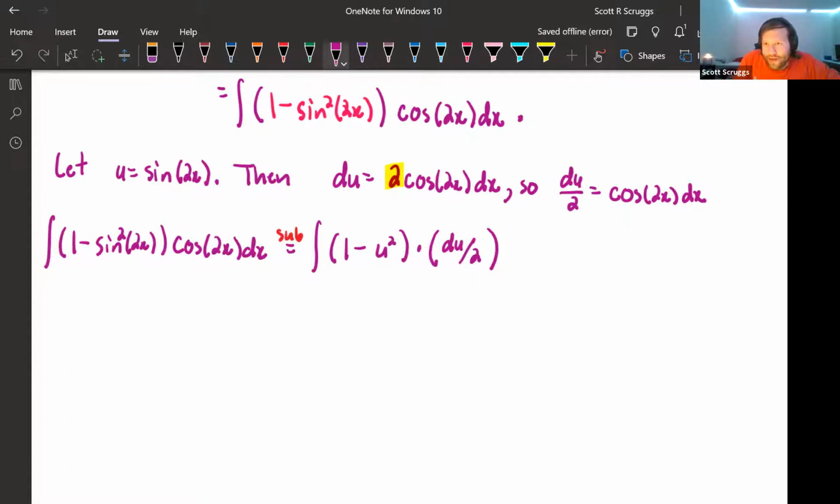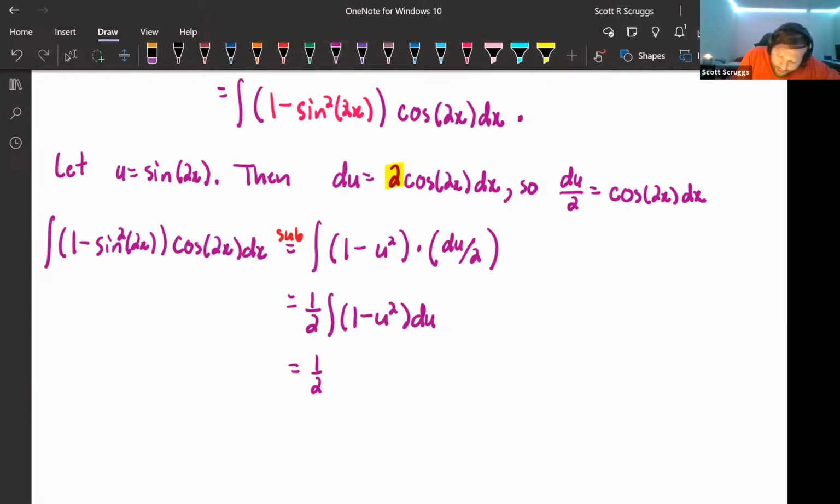I have a constant of 1/2. So I can take that out of the integral, giving me 1 minus u squared in the integral. Use the power rule for antiderivatives here to evaluate to give me u minus u cubed over 3 plus c.